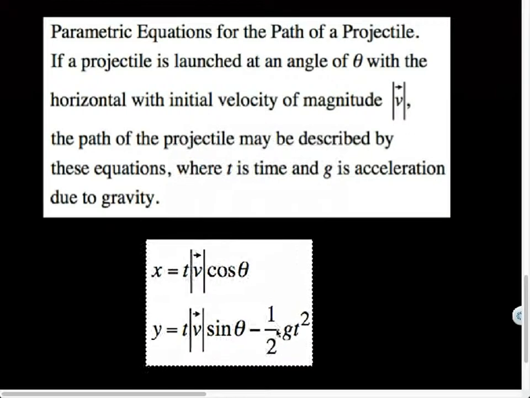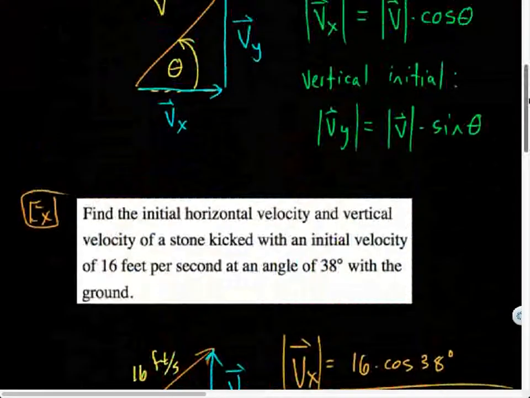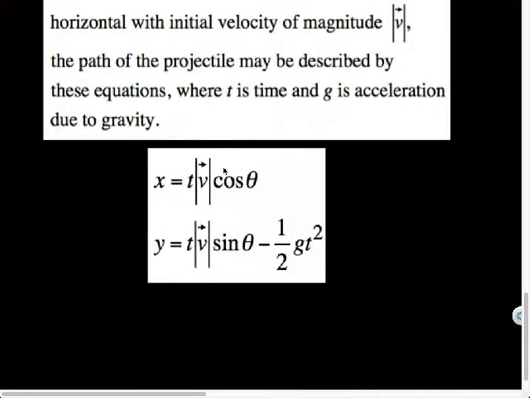So here are our two equations. So notice, very similar to the calculations for initial velocity from a moment ago, right? V cos theta, V cos theta. The only addition is this variable t, or time, the location of the object over a given time.